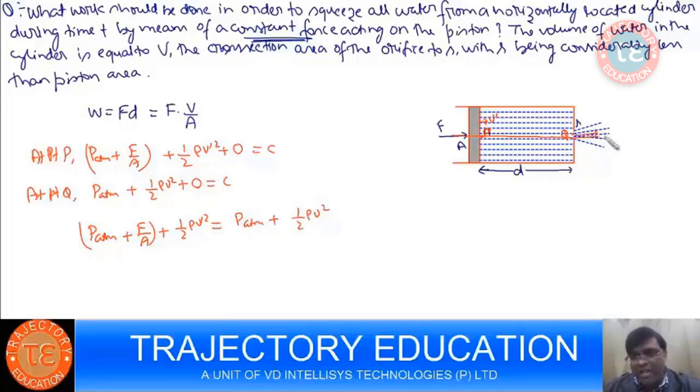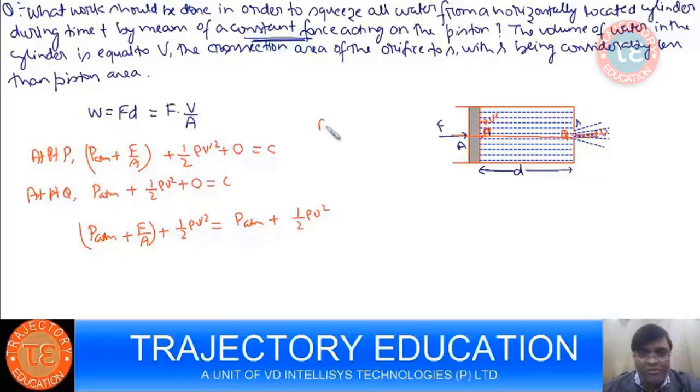This V dash is low, this is the velocity with which you move the piston, and the water coming out is at very high velocity. When you push the piston, you generate static pressure over here, and that static pressure gets converted into dynamic pressure. The pressure energy gets converted into kinetic energy.